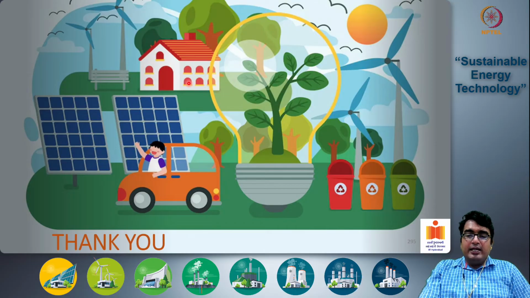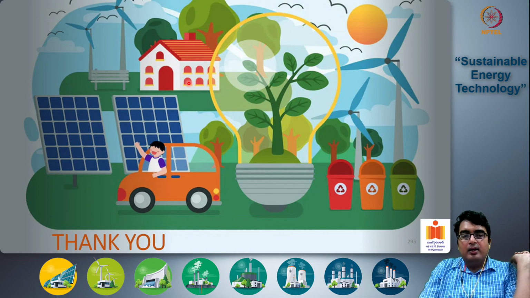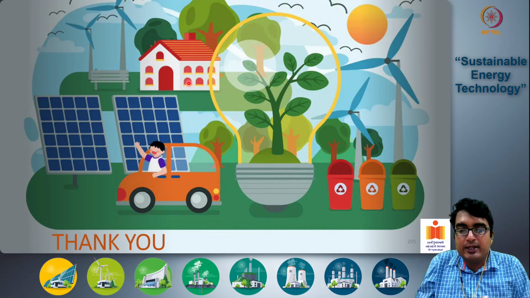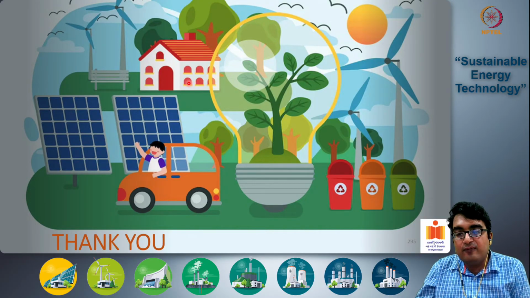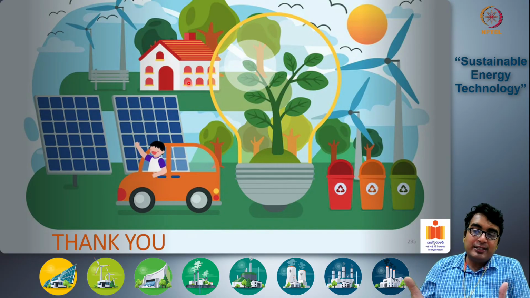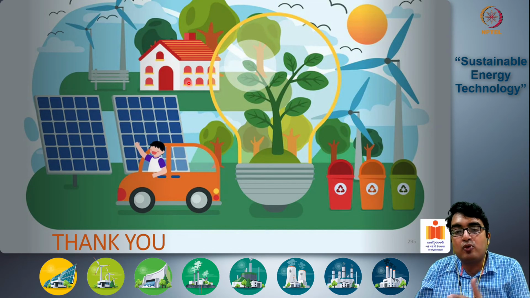So with this, we come to the end of our discussions on sustainable energy technologies. We were unable to complete the life cycle analysis because of the shortness of time, but I hope the entire course was pretty comprehensive and gave you an overall 360-degree view of all the technologies that are necessary for our transition from a fossil fuel based energy economy to a carbon neutral and renewable energy economy that is more sustainable.